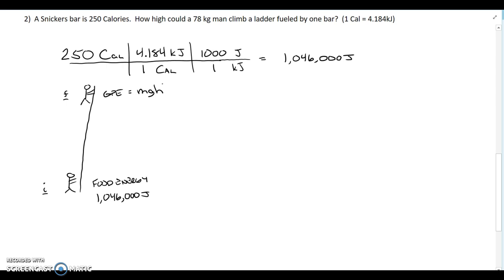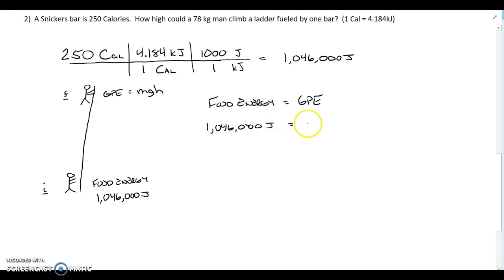And so we can set those equal to each other, the food energy equal to his change in gravitational potential energy. Write in what we know, 1,046,000 joules of food energy, and he has to have that same amount of energy at the end.